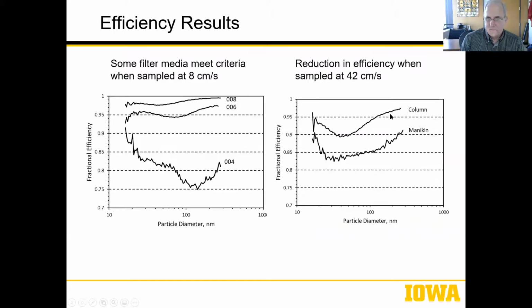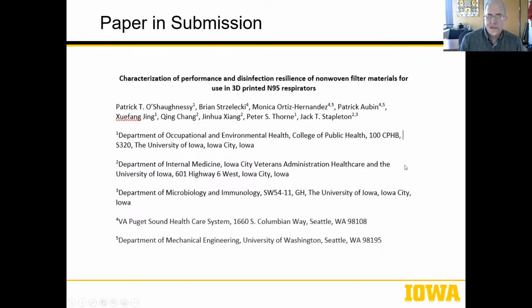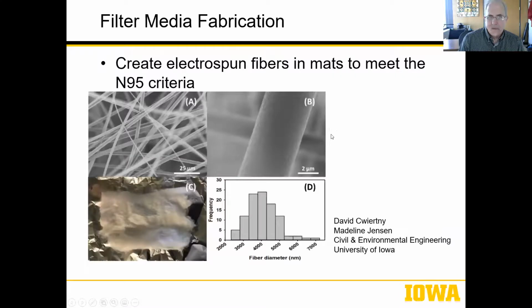But when we get them up to 42 centimeters per second, putting them into a 3D printer, the smaller filter area of the mannequin, you can see that the efficiency drops. So we're not quite there with this design idea. We have a paper out on this with a large group, including folks here at Iowa and out there in Seattle.